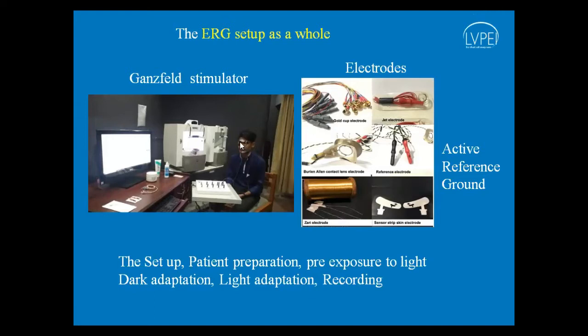These are all different electrodes. So electrodes are used to capture the activity generated within the eye. The electrodes can vary from skin electrodes to corneal electrodes. The corneal electrodes, again, are contact lens electrodes and non-contact lens electrodes. For example, this picture shows a contact lens electrode, where the response is very good.